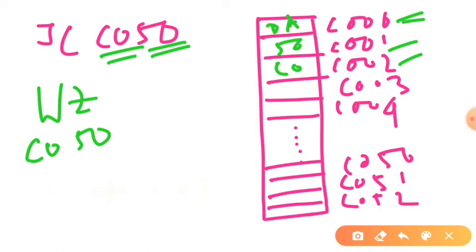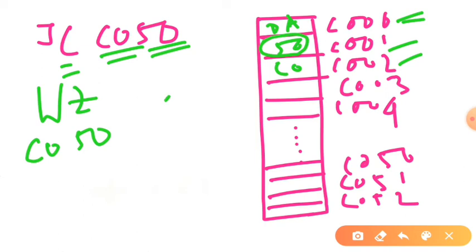While it reads the lower order byte of the target memory address, it simultaneously checks the condition of carry, because it's a conditional jump instruction, and moreover it's a jump on carry instruction. It will check the condition of the carry flag.